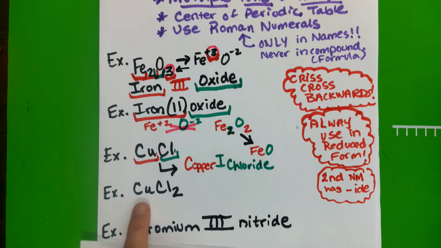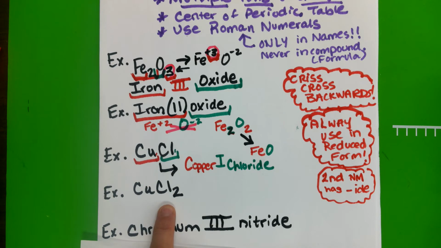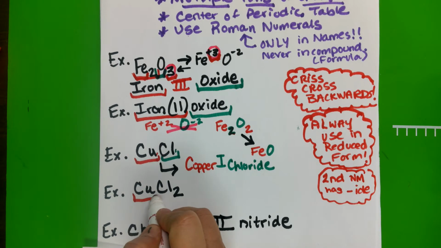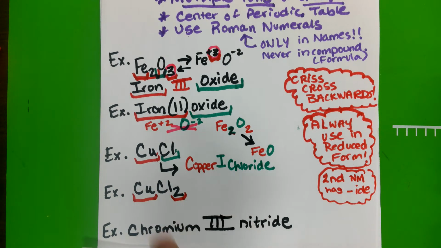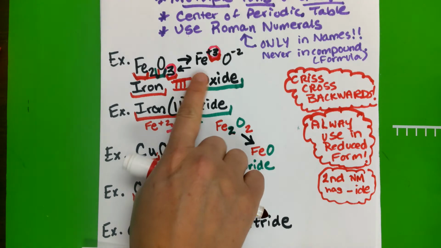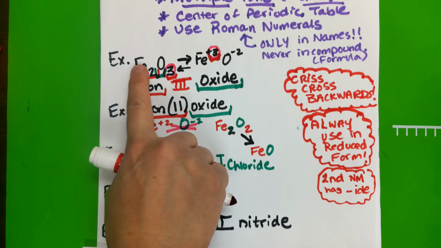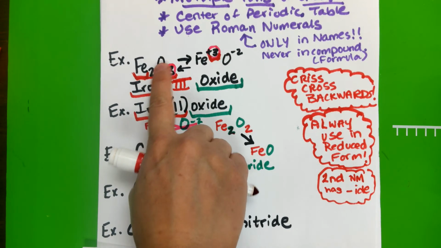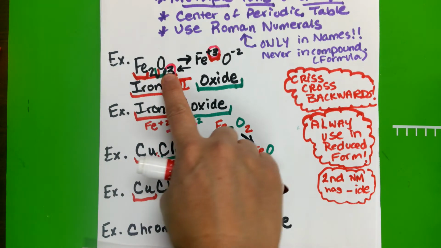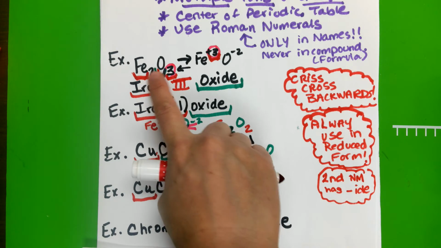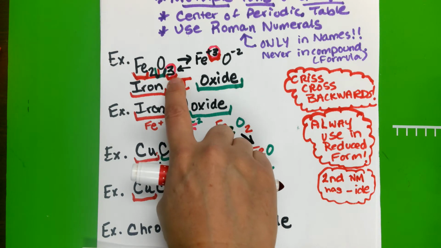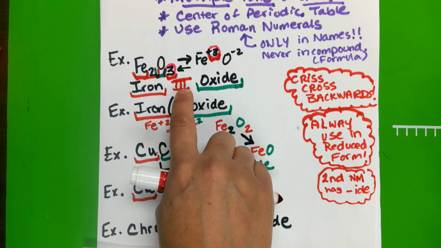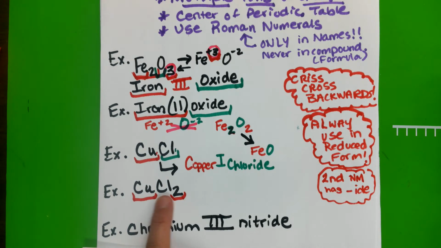Now let's look at the next one. You see how it's copper chloride now? But look at this one. Copper, remember that this 2 is going to belong to this copper, because it had crisscross. You see how that 3 went here, and that 2 went here. So here you have to go backwards. The Fe, what's the Roman numeral? I just look at the last number. That's a 3. That's why you have Roman numeral 3. So this one will be copper 2 chloride.